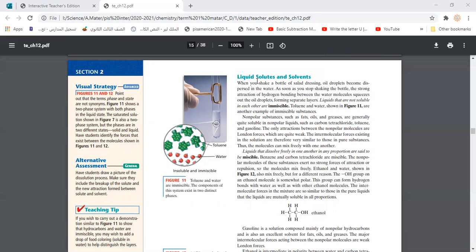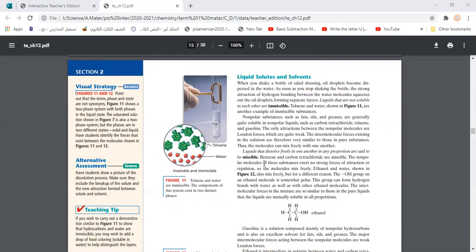Simply, we can classify this into two categories: miscible and immiscible. The immiscible are the liquids that cannot be soluble in another liquid, while the miscible ones are liquids that dissolve freely, in different proportions and ratios, with another liquid.